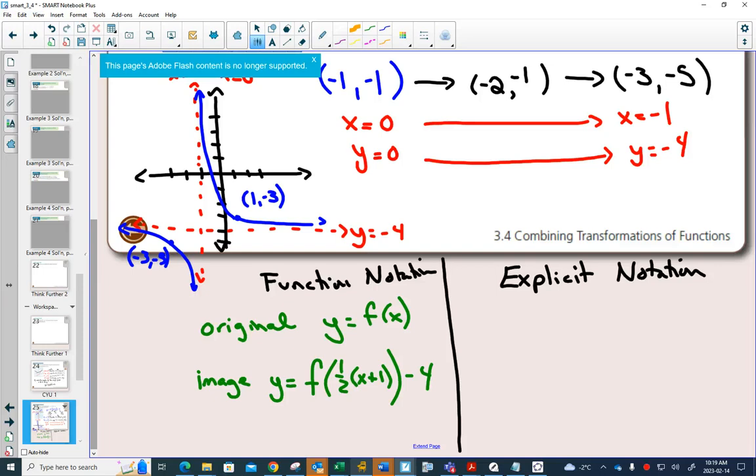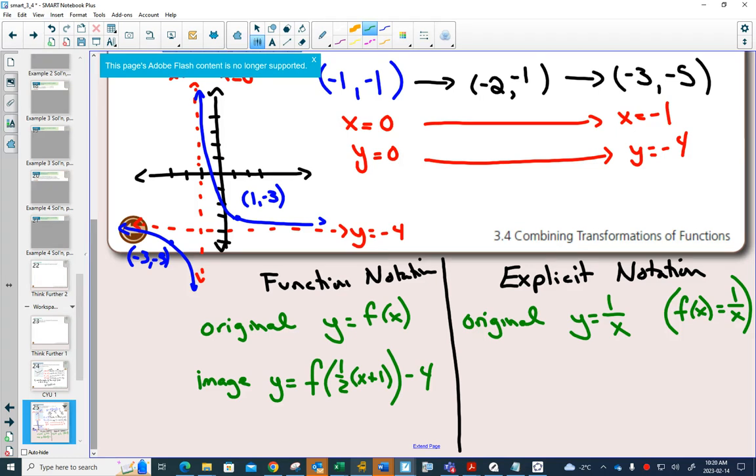So if this was explicit notation, we would say, oh, I recognize the original, here I'll write it the same way, the original was y equals 1 over x. And so what we're noticing between the original in function notation and the original in explicit notation is that basically we're replacing the function with 1 over x because we recognize which one it is.